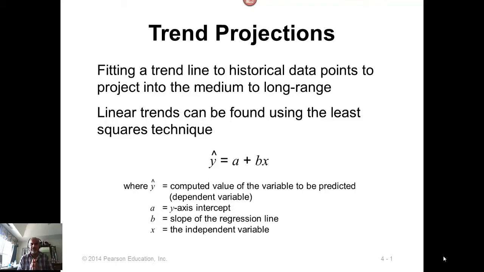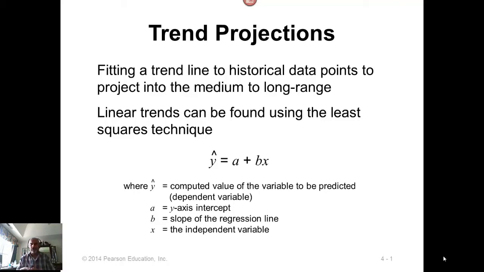The trend projection is to simply fit a straight line through the data, like a plus bx, a being the y-intercept, b being the slope, and you use time values for x. So the first time period t will be equal to 1, the second one t will be equal to 2, and so on.